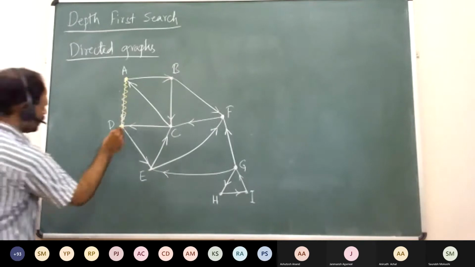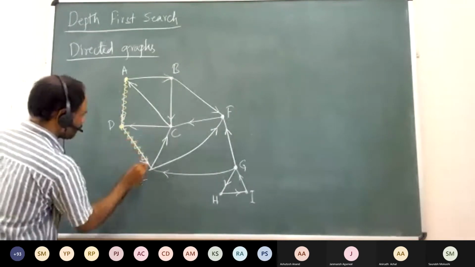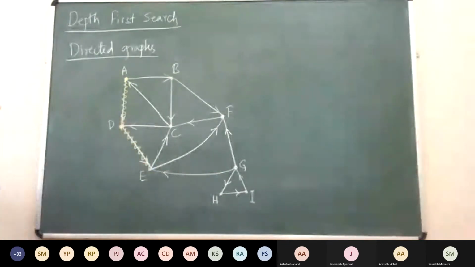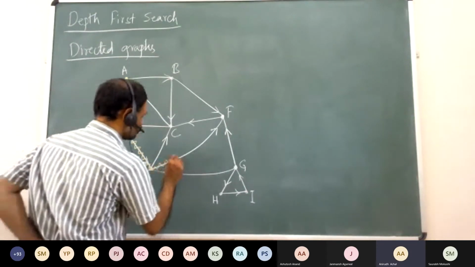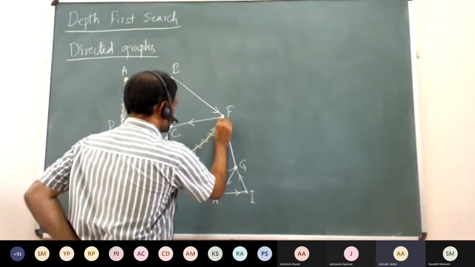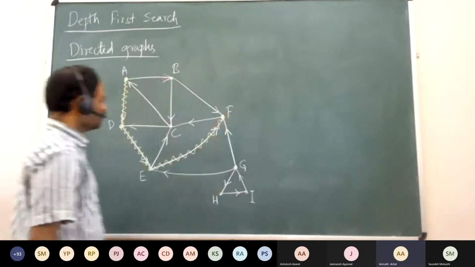So we will go to E. Now there are two out neighbors for E, C and F. So what do you want to go to? Doesn't matter. So F. Okay, let's go to F.